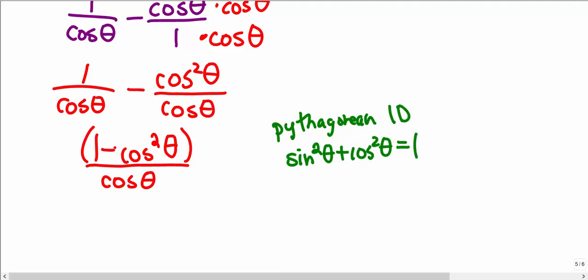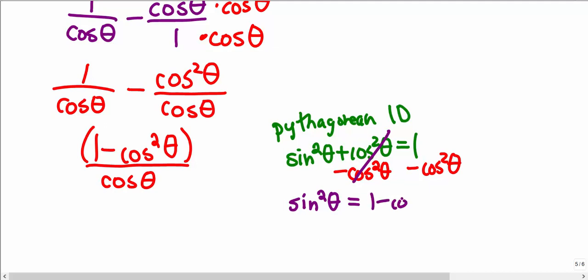Let's get one side to look like this, 1 minus cosine squared theta. So if I take my Pythagorean identity and I subtract cosine squared theta from both sides, then we end up with an equivalent form of that Pythagorean identity. Sine squared theta is equal to 1 minus cosine squared theta.